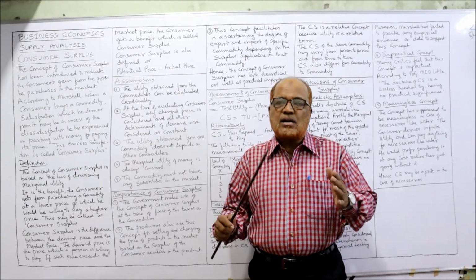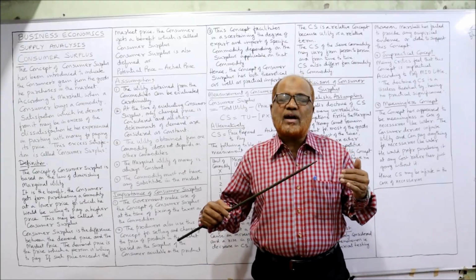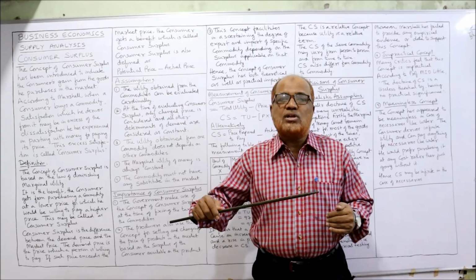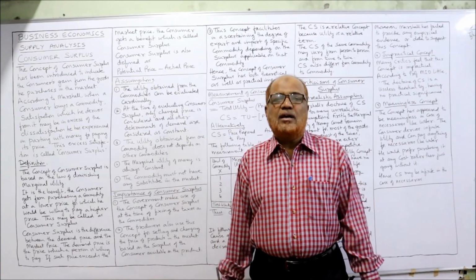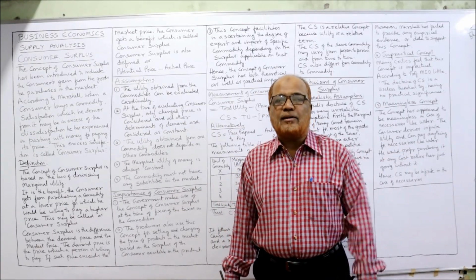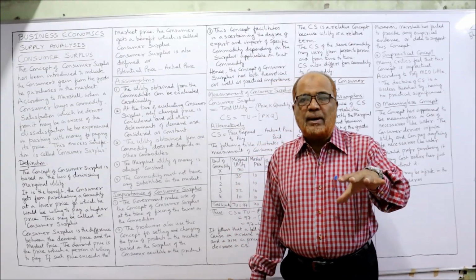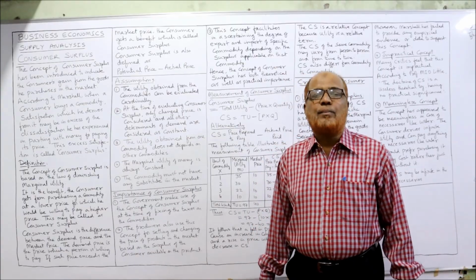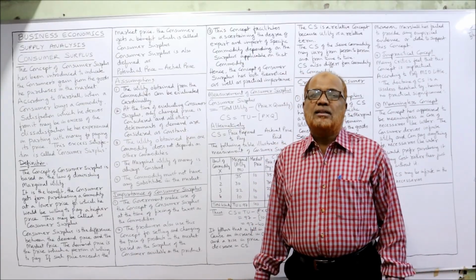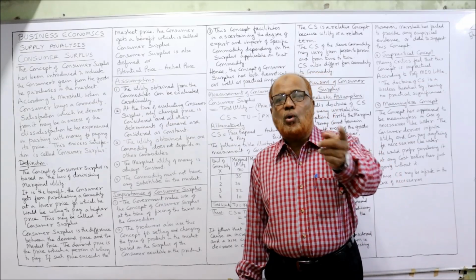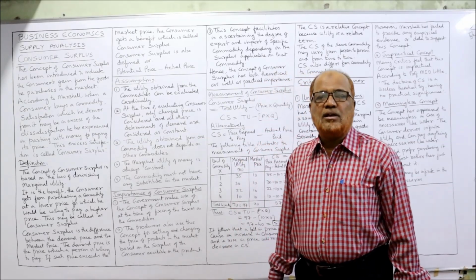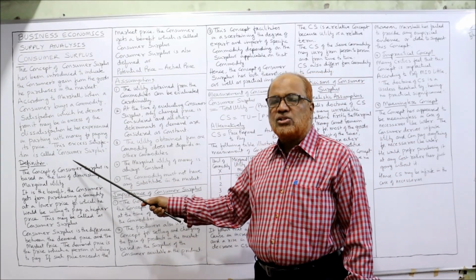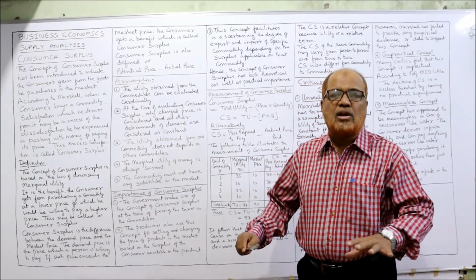Marshall compared how much satisfaction he is getting from the commodity and how much dissatisfaction he is getting by paying the price. If the satisfaction is more than the price he pays, then the excess of satisfaction over the price paid is called consumer surplus. This is the general meaning.